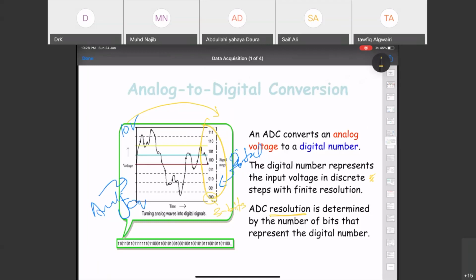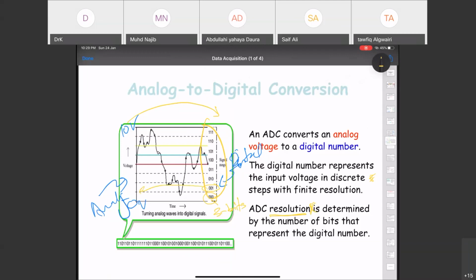So in an ADC, now you are looking at the input signal, you already looked at the sampling rate, and now you are looking at a new term called resolution. Resolution here defines the number of bits that you use to represent your analog voltage.